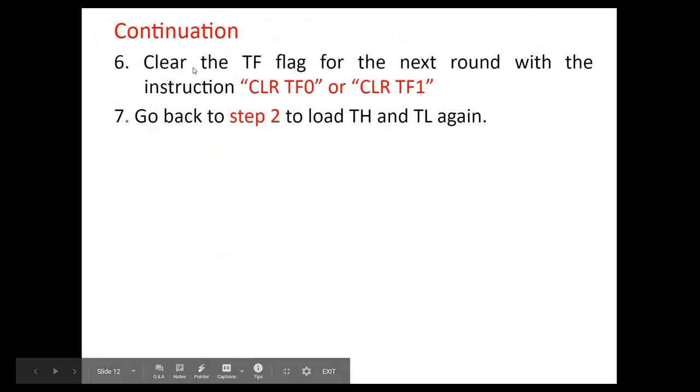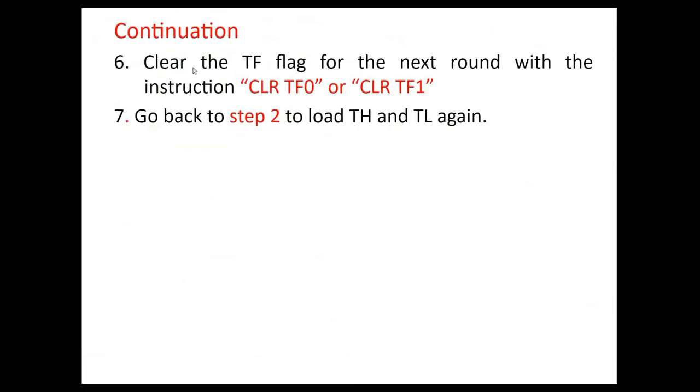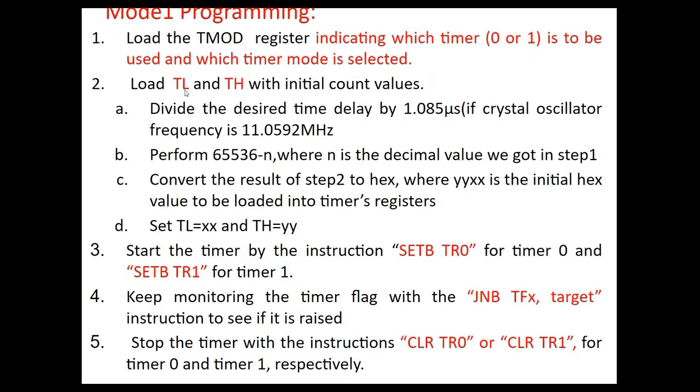Next, if you want to repeat the loop, we need to clear the TF flag using the instructions clear TF0 for timer 0 or clear TF1 for timer 1. Then we go back to step 2 to load the TL and TH registers.